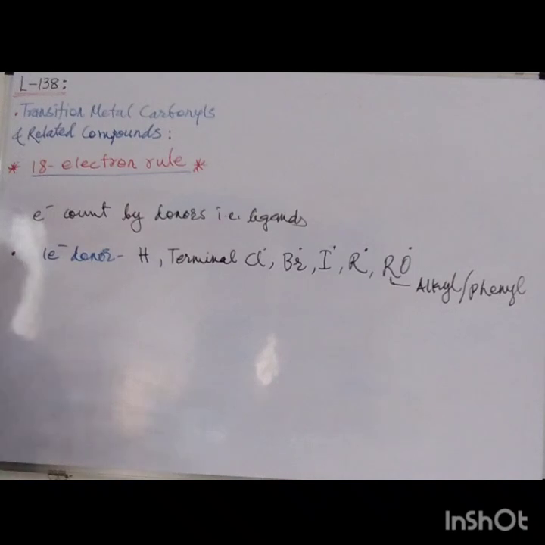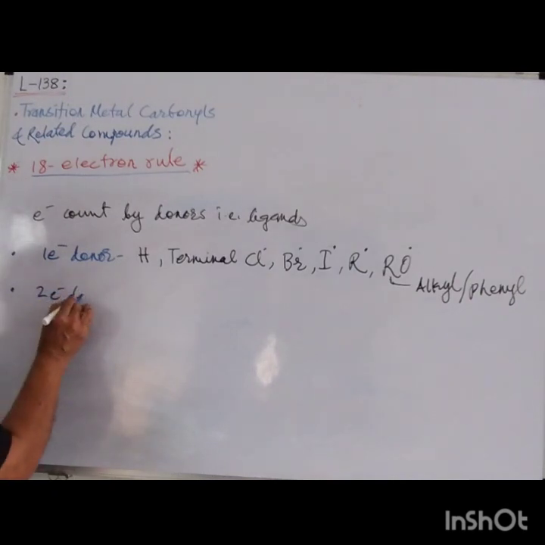Then the second class is 2 electron donors.